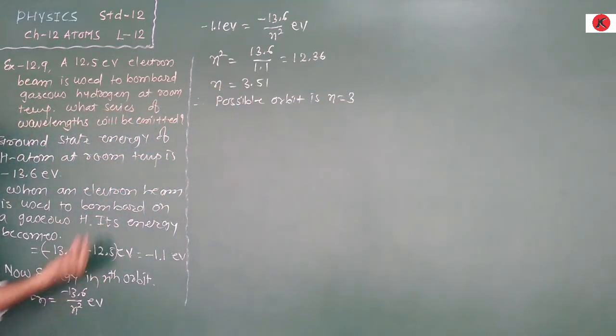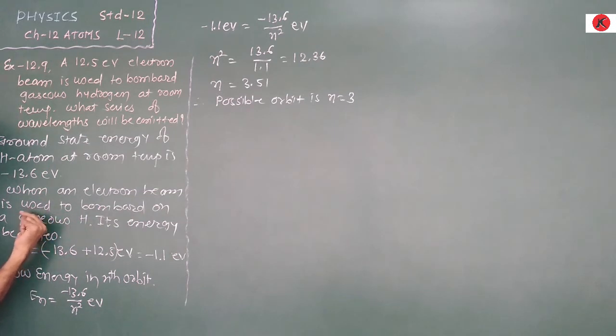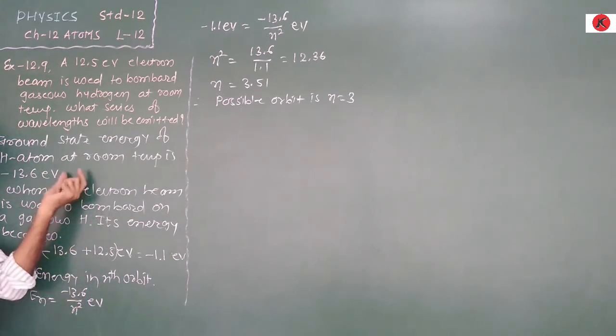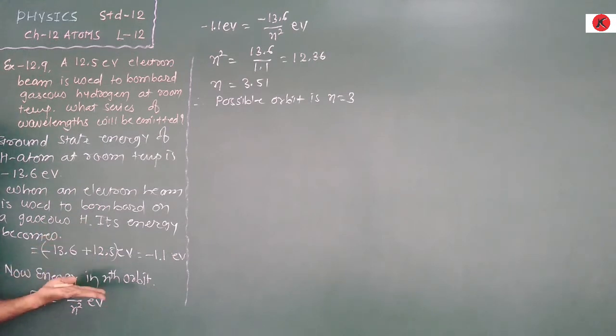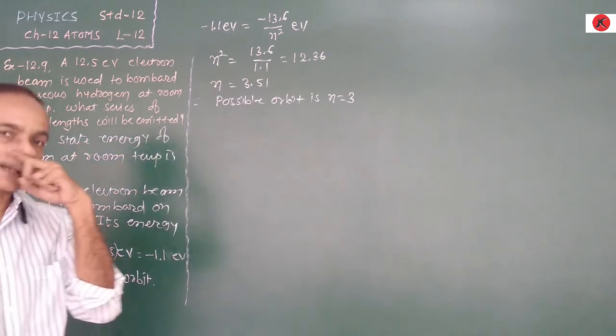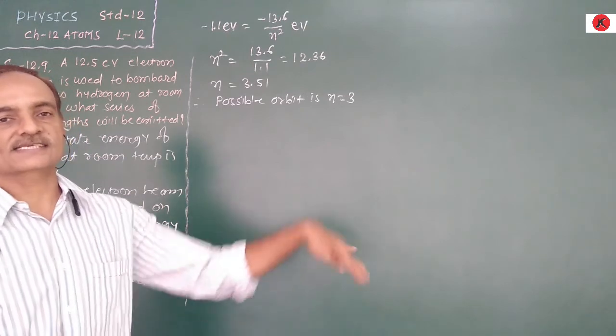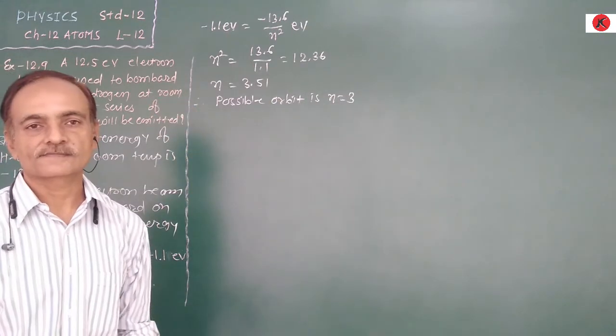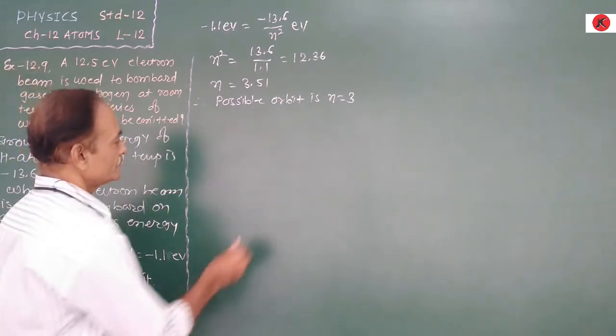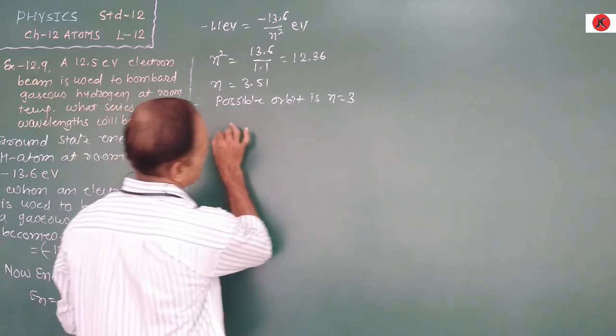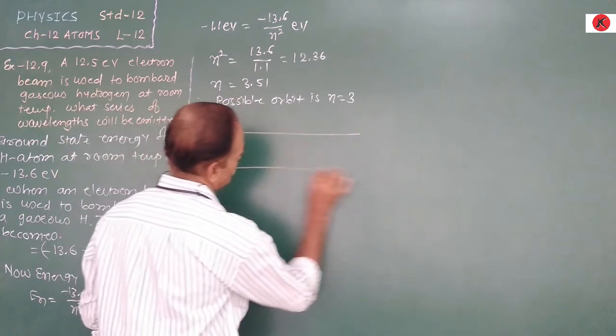That means after the electron beam is bombarded on gaseous hydrogen, the electron in the hydrogen atom, already at room temperature in the ground state, is now excited to the third orbit. Therefore, the energy levels look like this.